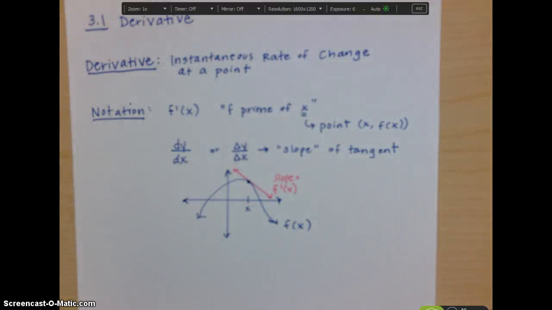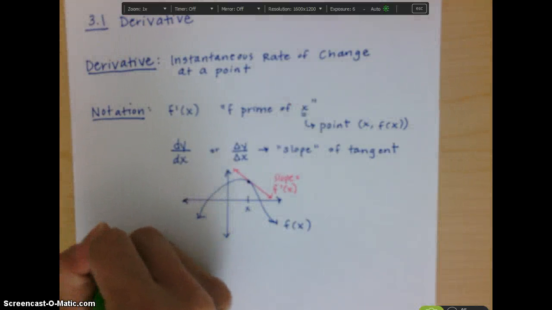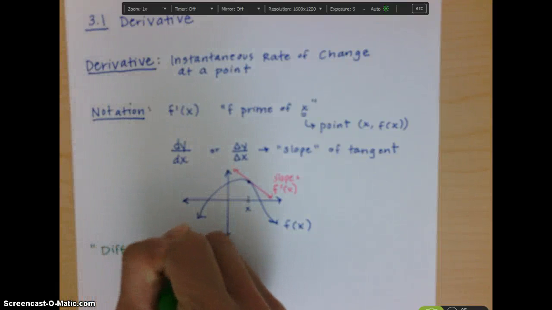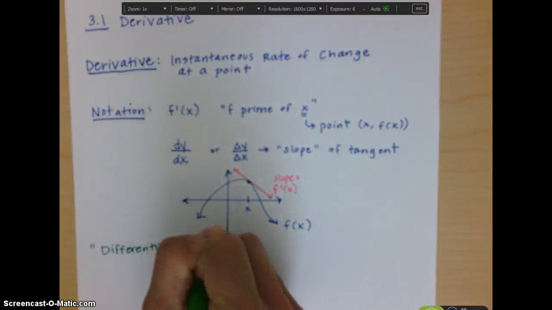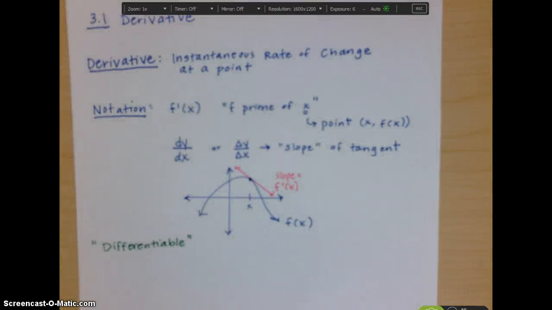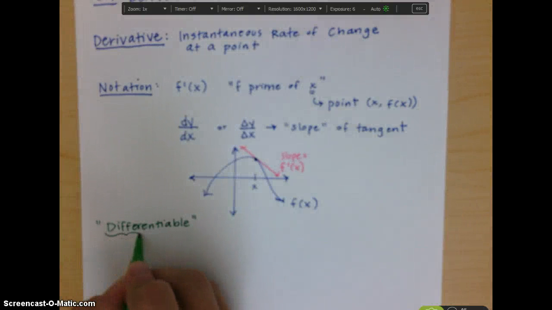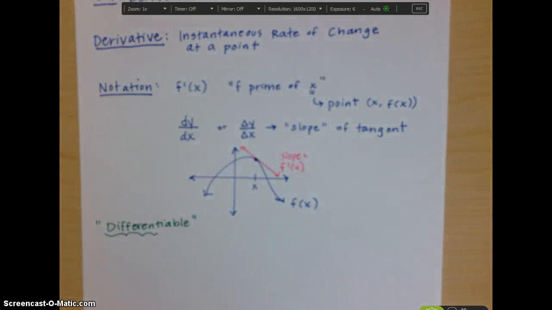Okay, our next discussion is going to be regarding when you can find a derivative and when you cannot find a derivative. So the ability to find a derivative is called differentiability. So differentiable is something that we need to define. Differentiable looks like that. So again, the differentiation part is the process of finding a derivative.